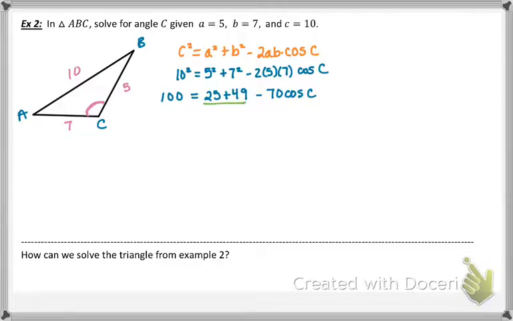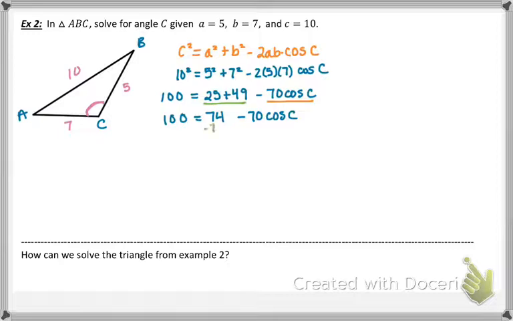Now, the thing that I want you to be careful with is that after you add 25 and 49, you cannot subtract 70, because that 70 is being multiplied to the cosine of C. In order of operations, you have to do multiplication before adding and subtracting. And because we don't know what angle C is, we can't multiply 70 by the cosine of C, and therefore we can't subtract. So be very careful when you are simplifying. This is going to give me 74 minus 70 times the cosine of C that I can't combine.